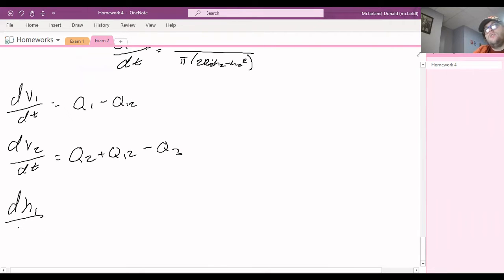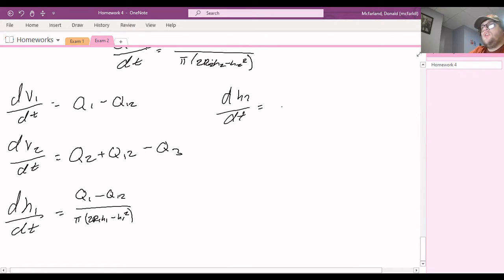Our change in the height for tank 1, with respect to time, is (Q1 minus Q12) over pi (2 R1 H1 minus H1 squared), or the area multiplied by the height, giving us the volume of the change in tank 1, which is just a cylinder. dH2/dt follows the same spirit of dH1/dt, but it's (Q2 plus Q12 minus Q3) over pi (2 R2 H2 minus H2 squared).